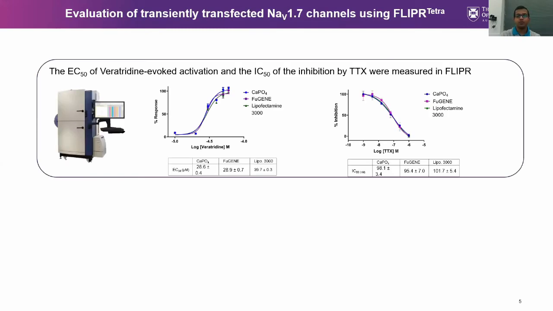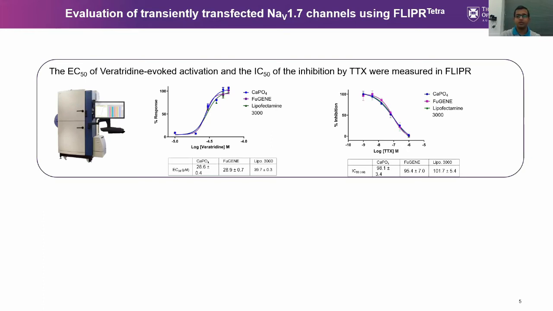Similar to CaV2.2, the activation and inhibition of NaV1.7 channels were evaluated on FLIPR. For NaV1.7 channel activation, intracellular calcium increment was measured in response to increasing concentration of veratridine. The EC50s of veratridine evoked activation from calcium phosphate, FuGENE and Lipofectamine 3000 mediated transfected cells were around 28, 29, and 39 micromolar respectively.